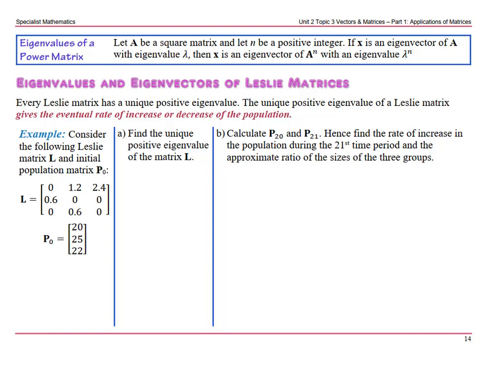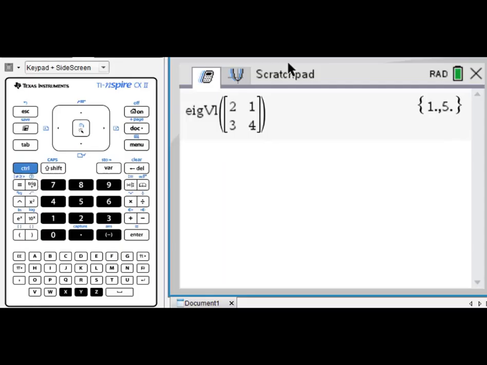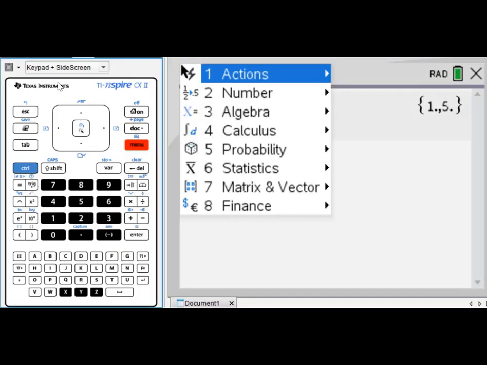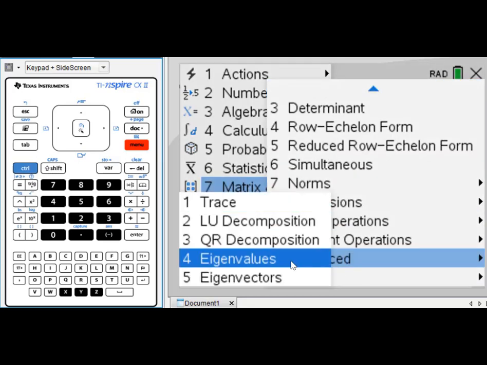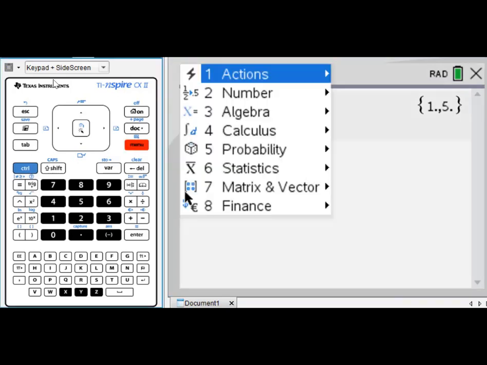So let's look at this example. Consider the following Leslie matrix L and initial population matrix P0. Find the unique positive eigenvalue of the matrix L. So we can do that by going to our calculators and doing the eigenvalue of L. So let's go and do that. Now to find our eigenvalue, again, Menu, Matrix and Vector, scroll down to Advanced, choose Eigenvalues, and put in your matrix.